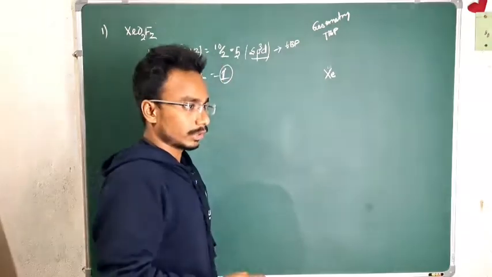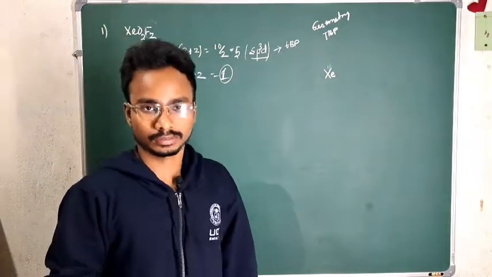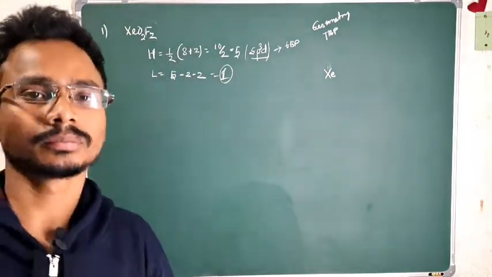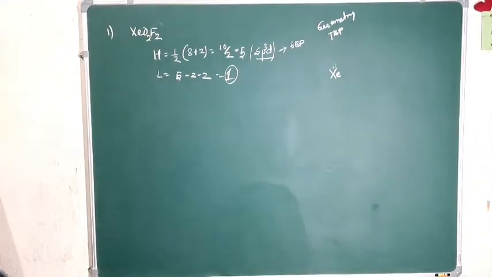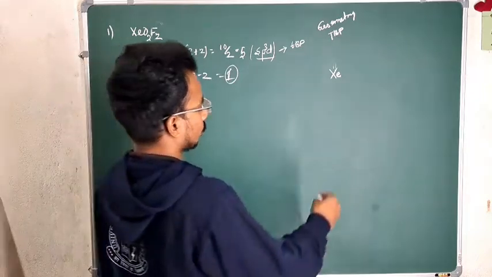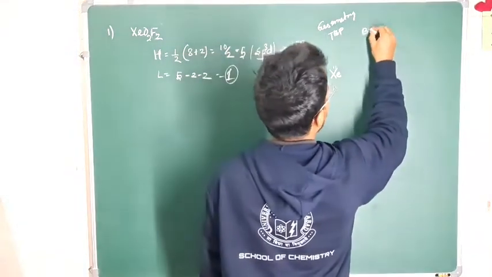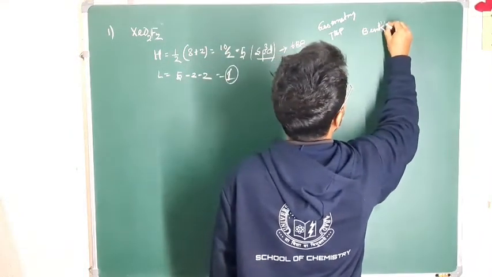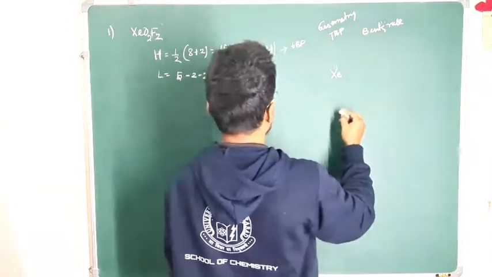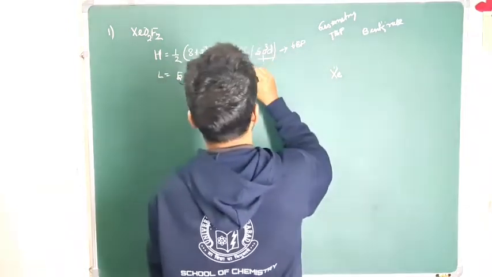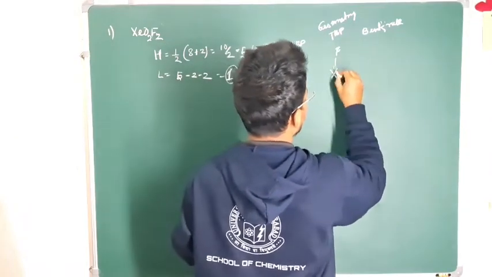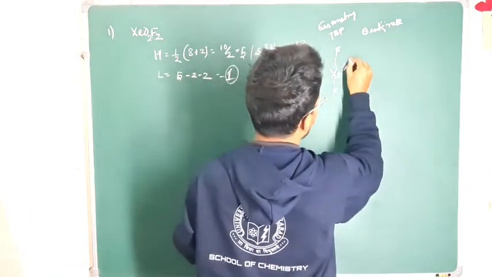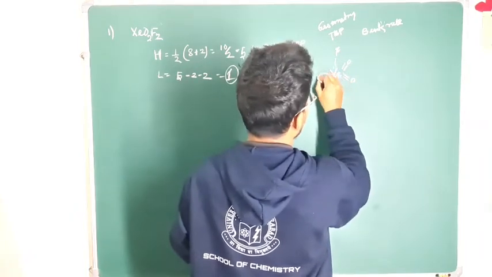The more electronegative element will be on the position with less s character. So according to Bent's rule, oxygen is less electronegative than fluorine, so fluorine will be here and oxygen will be here, and here is a lone pair.